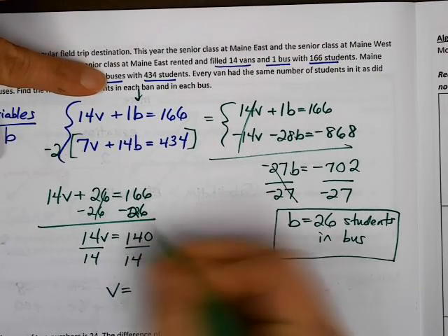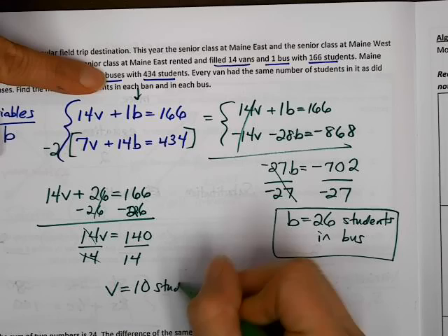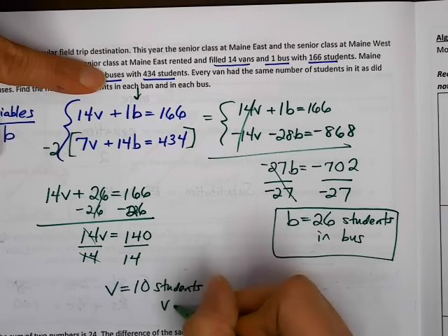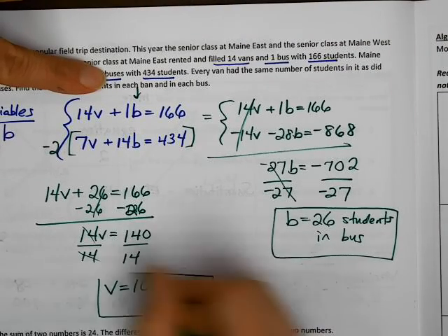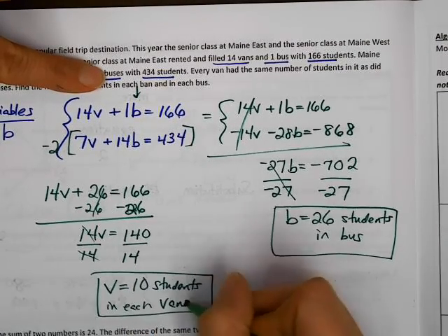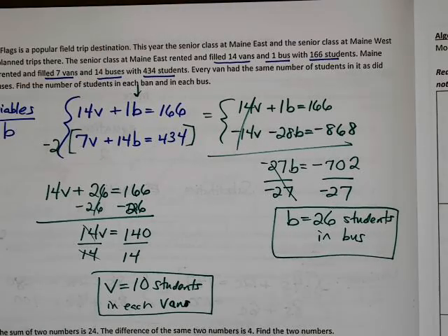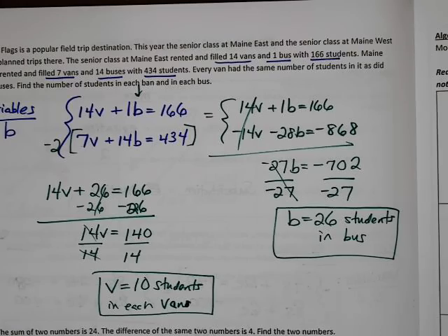So the number of students in a van is 10 students. Does that make sense? If you've got an answer like 7,000, there's no way you can squeeze 7,000 students in a van. So of course that's going to make sense.